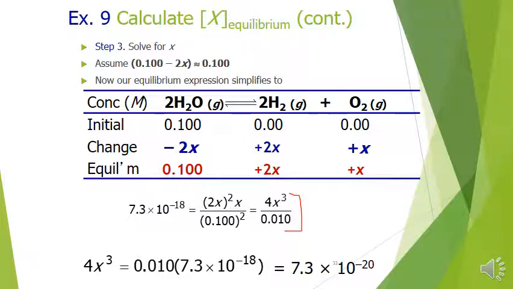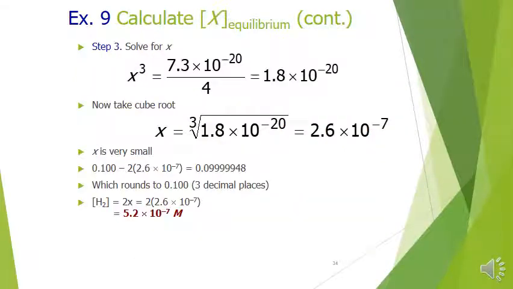Then solve for x cubed, and you get 4x cubed equals 7.3 times 10 to the minus 20th. And then take the cube root of that, and you get x is equal to 2.76 times 10 to the minus 7th. And you can see x is very, very small. That's kind of what you expected. We said it was going to be very, very small.